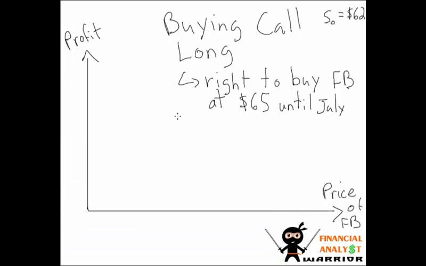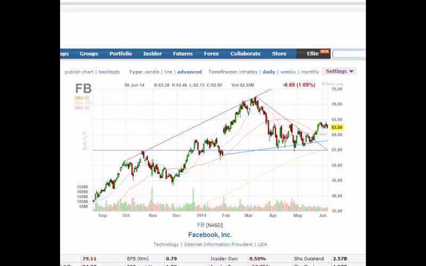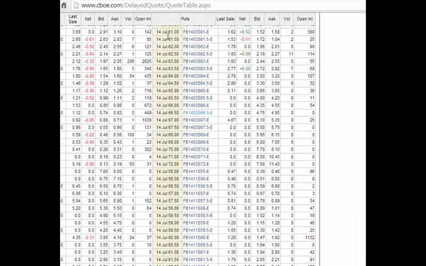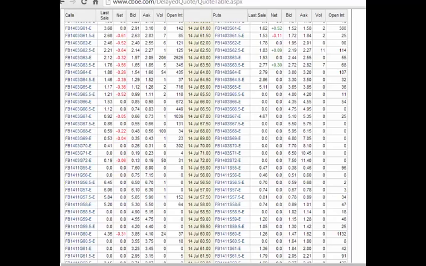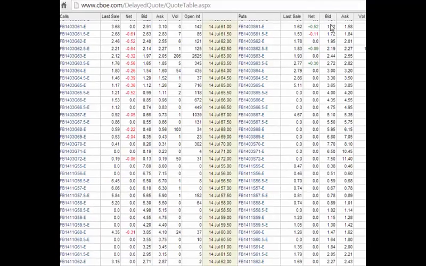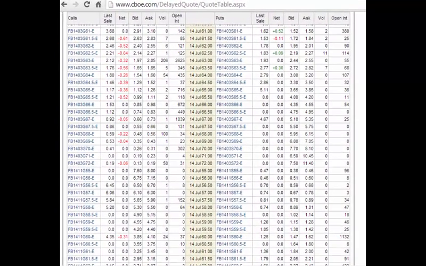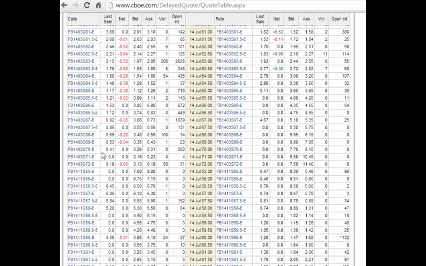I had my browser somewhere. All right, so I have the CBOE quotes here for Facebook, and this is the July expiry. This is the most current prices, so it's a real live example. Now you can see here the different expiries.